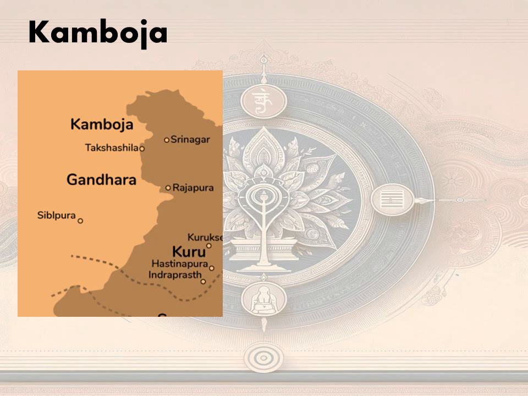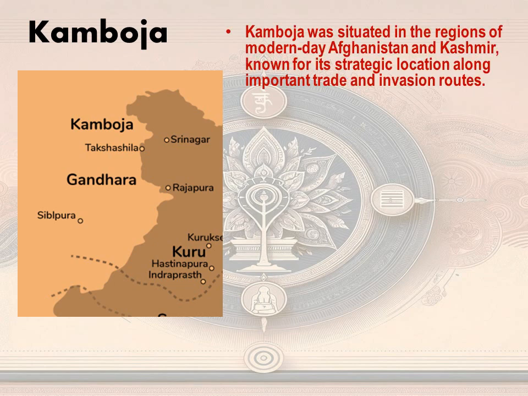Kamboja is the last of the 16 Mahajanapadas that we'll discuss, and it is located in Jammu Kashmir in India. So Kamboja was in the north of Gandhar also. Kamboja was situated in the region of modern day Afghanistan and Kashmir, known for its strategic location along the important trade and invasion route.